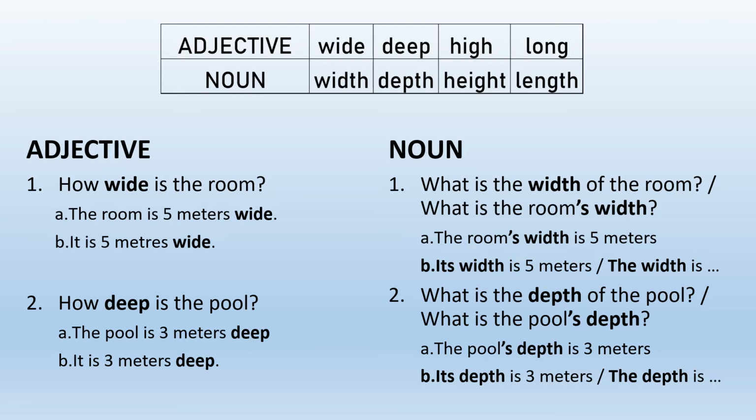The answer, the pool's depth is 3 meters, or its depth is 3 meters, or the depth is 3 meters, or another complete one, the depth of the pool is 3 meters. Understandable? Let's come into another example.